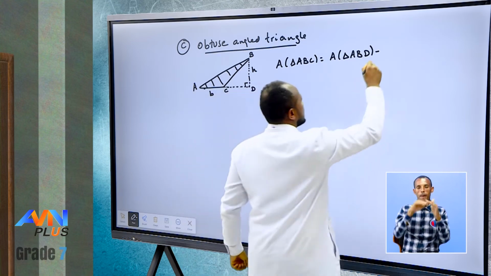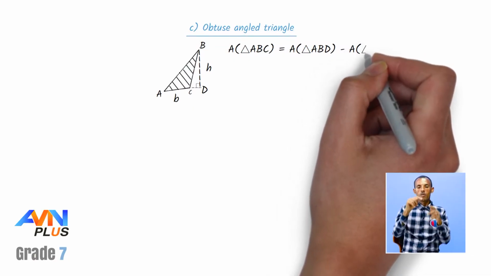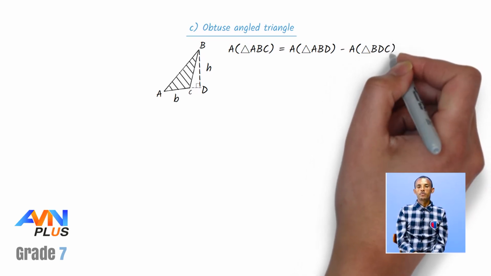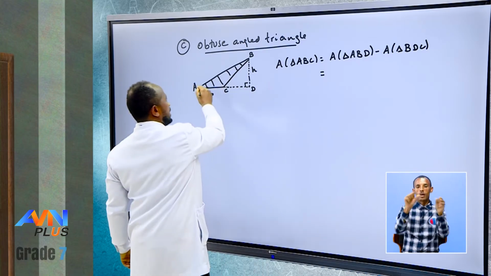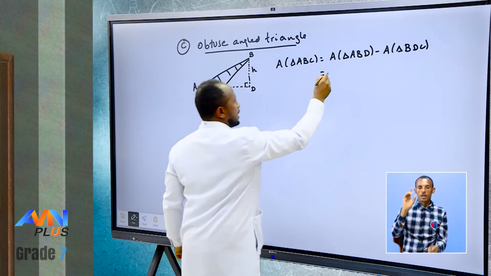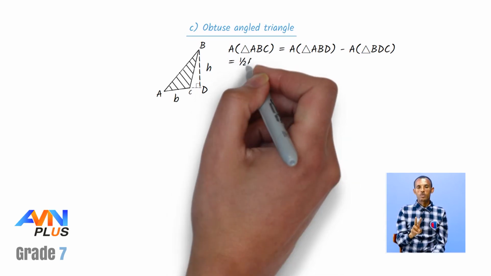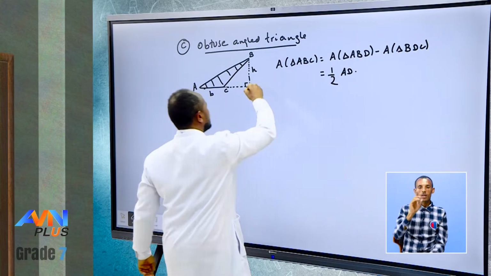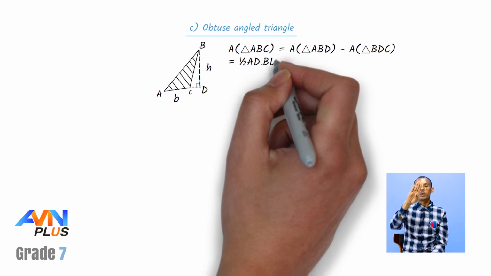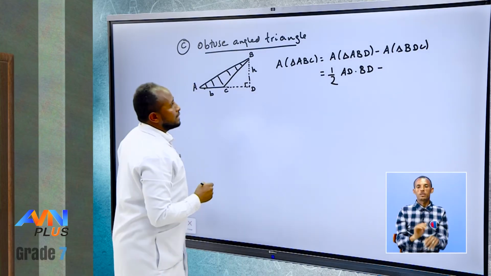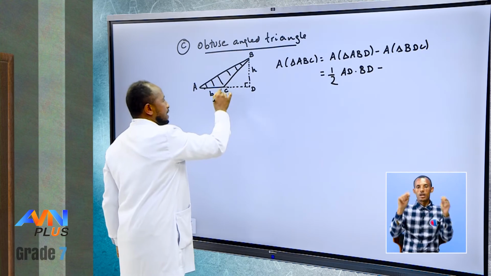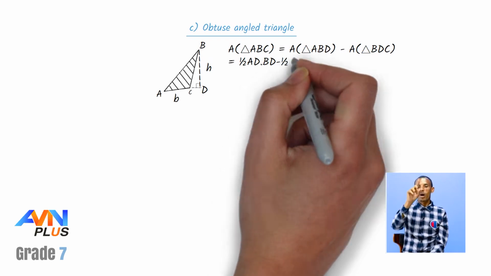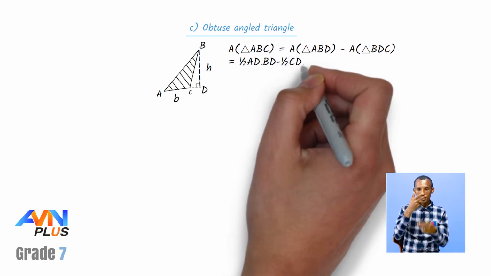So area of triangle ABD is simply half times, since it's a right angle triangle, the base AD times the height BD, minus the area of this triangle, which is half times CD times BD.